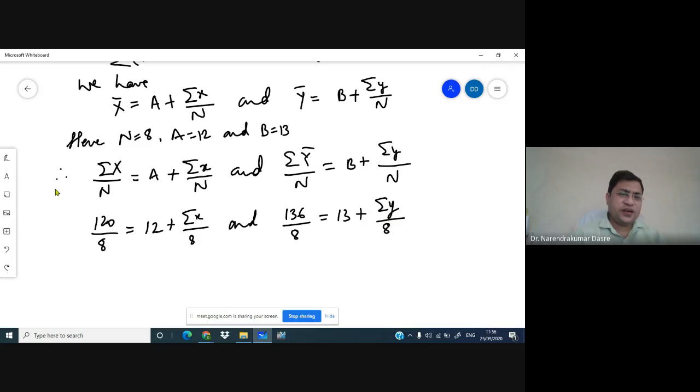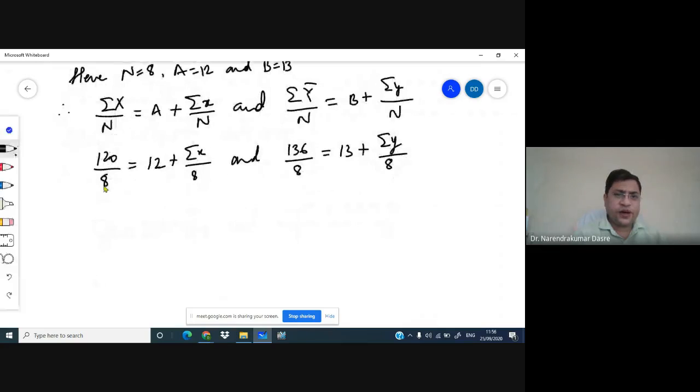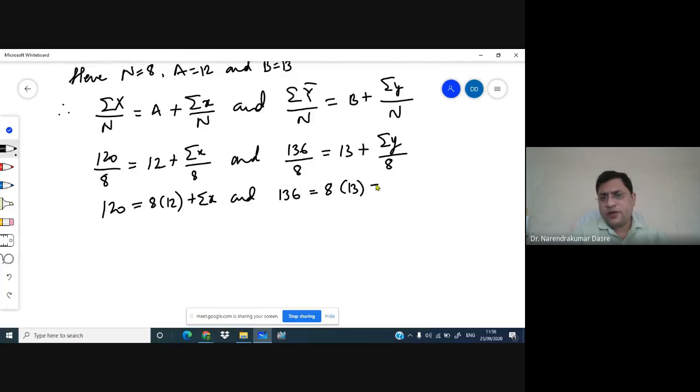Now these are very simple equations to solve. So we can have 120 is equal to 8 into 12 plus summation x, and 136 is equal to 8 into 13 plus summation y.